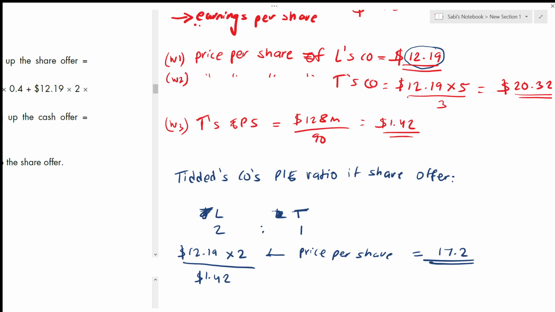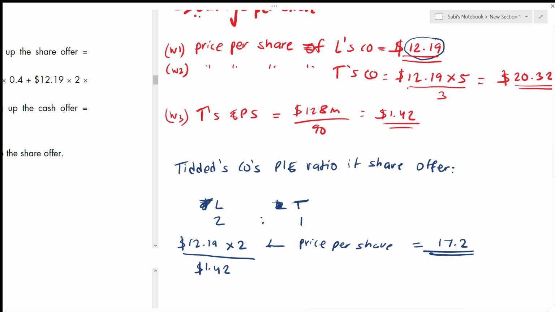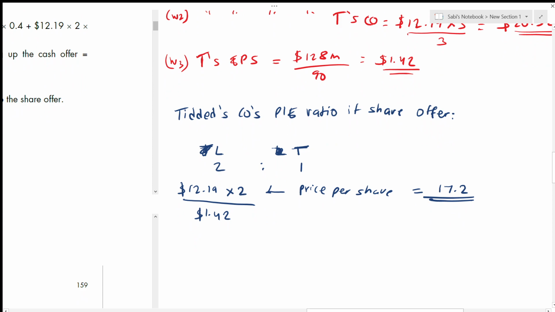Now, traded company by having a mixed offer. For this, I will use a different color.